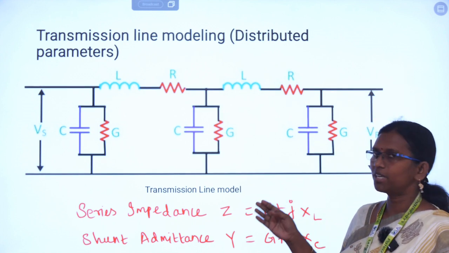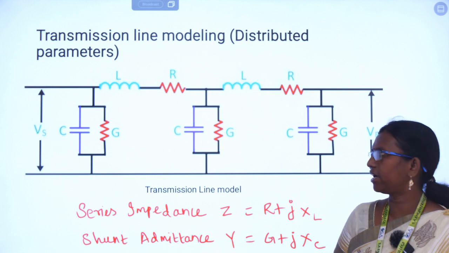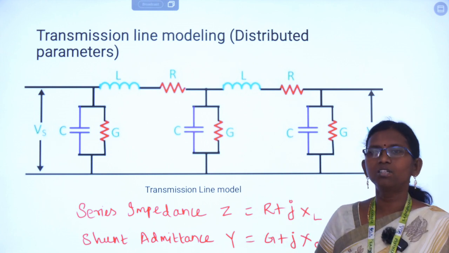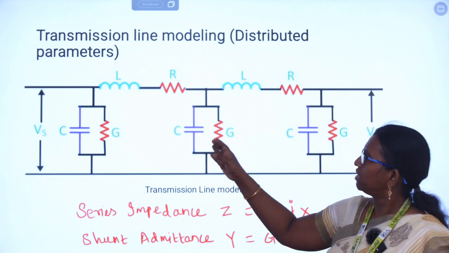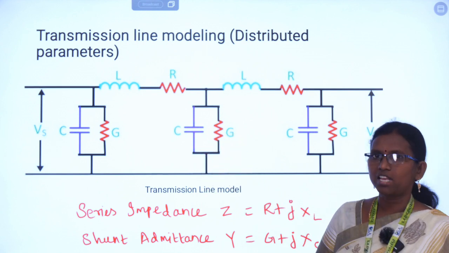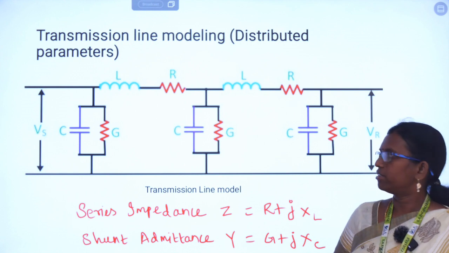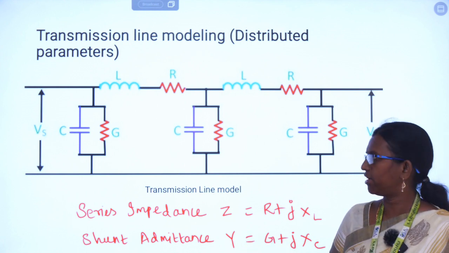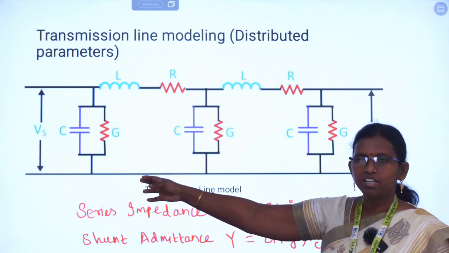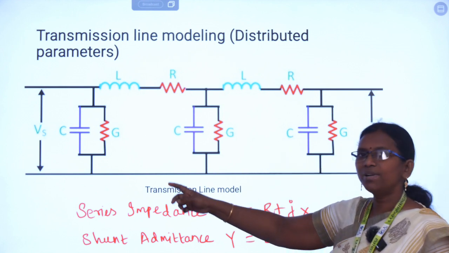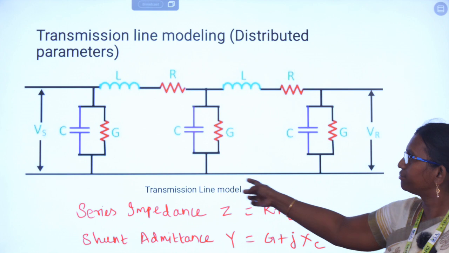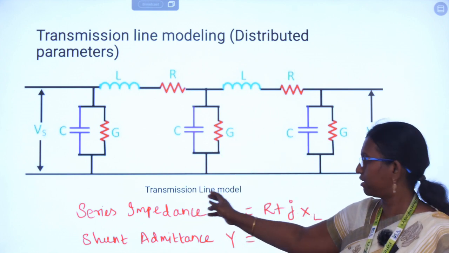All the four parameters we discussed in the previous slide are part of the transmission line model, where you have L, C, R and G as the modeling parameters of this long transmission line. VS stands for the sending end voltage and VR stands for the receiving end voltage, and this is a complete transmission line model of a long transmission line.